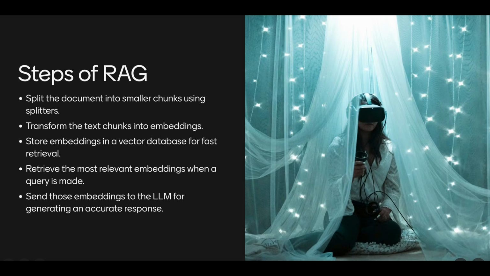Then transform these chunks into embeddings, which are a numerical representation. Then store the embeddings in a vector database for faster retrieval. When a query is made, the retriever finds the most relevant embeddings. Then send those to the LLM for generating an accurate response. RAG ensures that large datasets are processed efficiently while maintaining context and relevance.